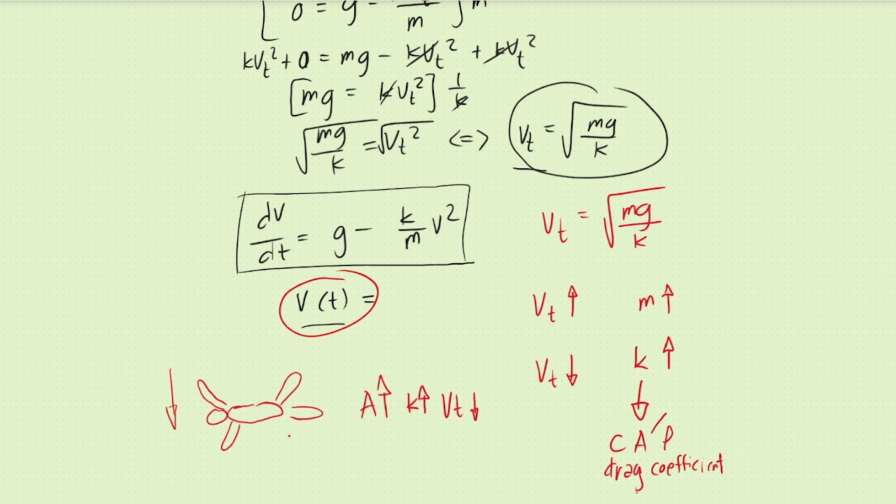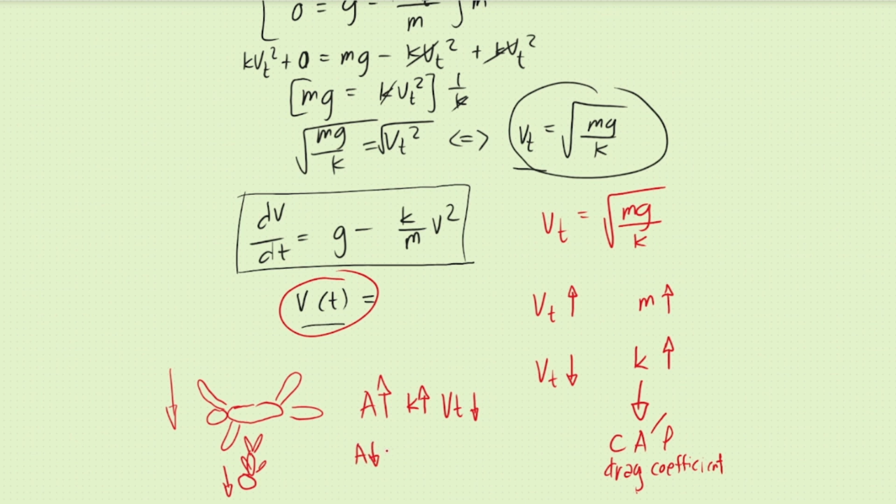If you want to get a higher terminal velocity, you just dive head first. That means you're reducing the cross-sectional area.